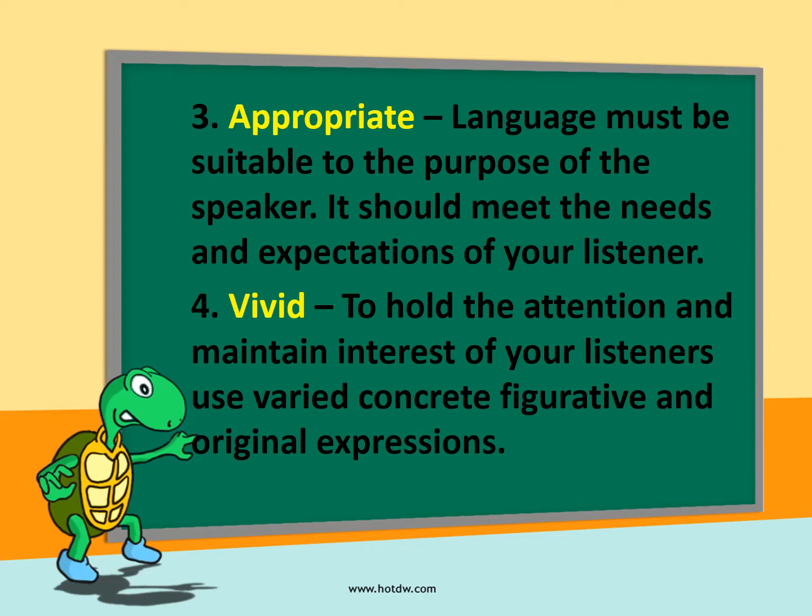Number 3. Appropriate. Language must be suitable to the purpose of the speaker. It should meet the needs and expectations of your listener. Number 4. Vivid. To hold the attention and maintain interest of your listeners, use varied, concrete, figurative, and original expressions.